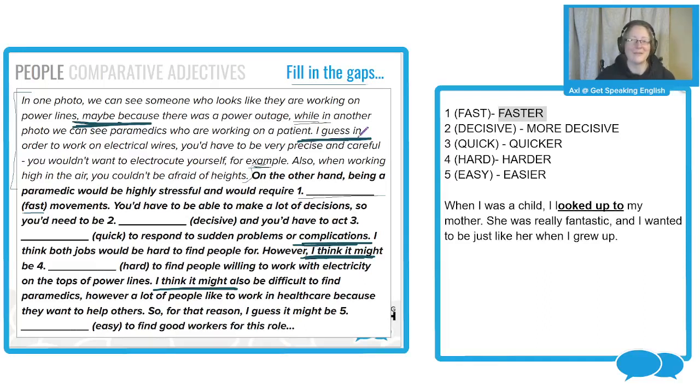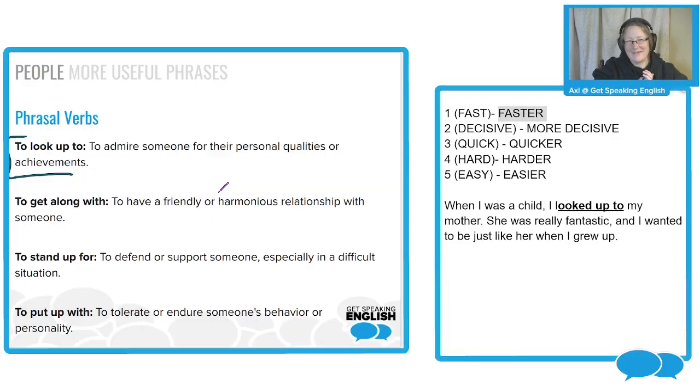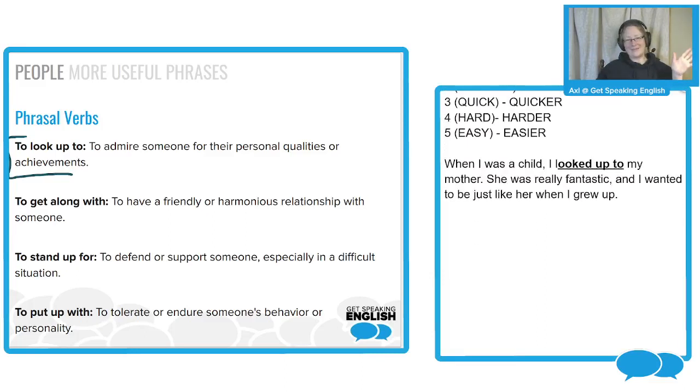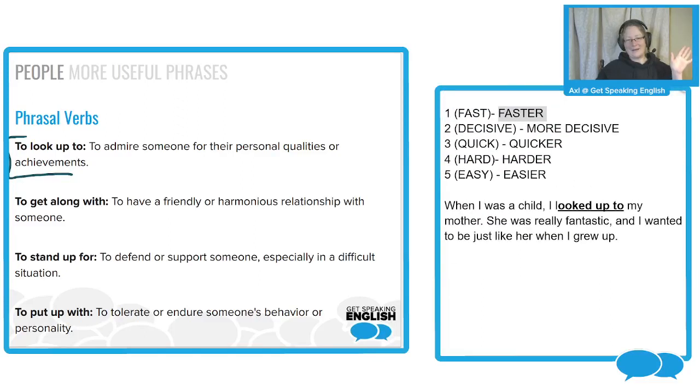Yeah, all right, perfect. So again, a couple of phrasal verbs, right? So we look up to someone, we admire them for their personal qualities, their achievements. As I said, when I was a child, I looked up to my mother. So I really admired her, thought she was great. She was really fantastic, and I wanted to be just like her when I grew up.